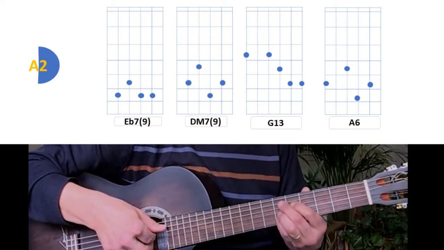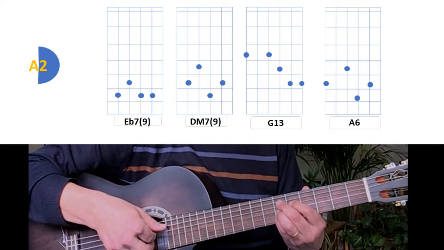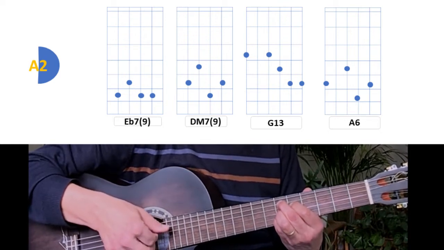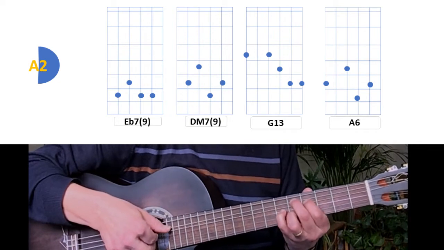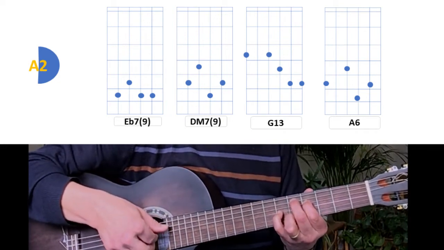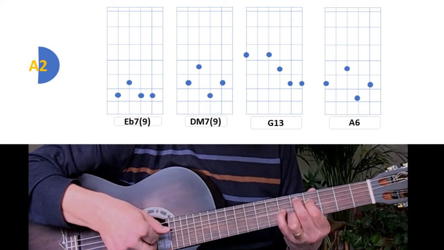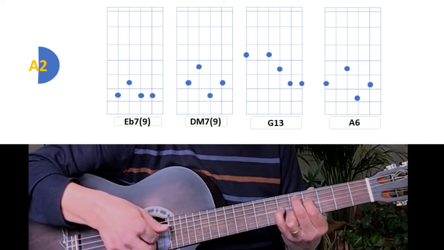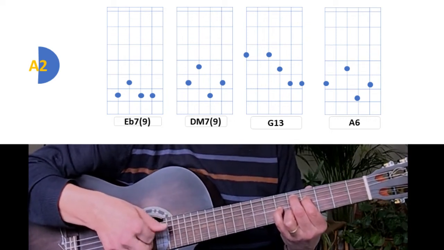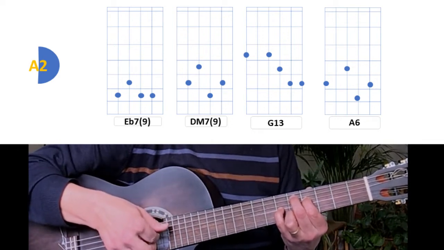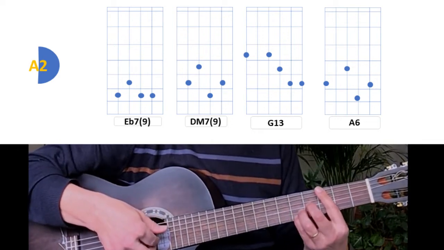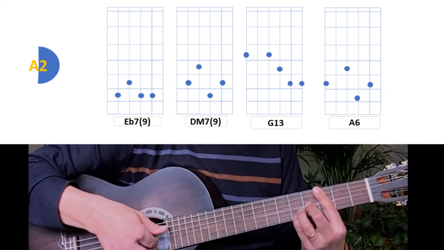Okay, so the second part, as I said, A2 is... And we go from here to a D major, in this case it's a D major 9. It's like a D major 7 with a 9, D major 9, okay, and then we go to a G13.